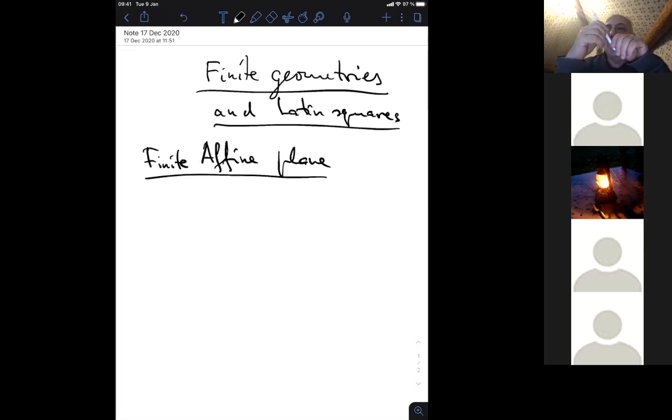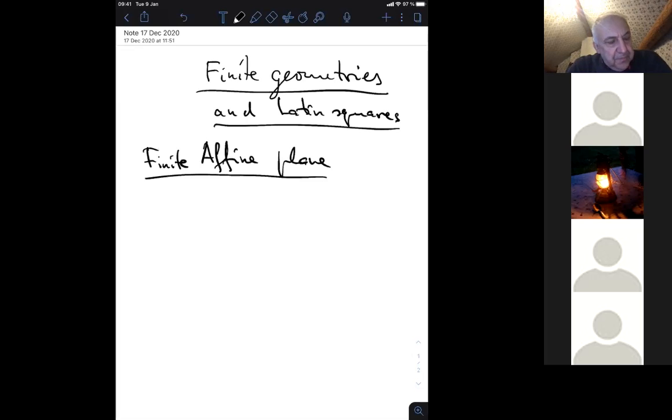So you have a line and a point not on the line. There exists a unique line parallel to a given one, and parallel means not intersecting. So we say that two distinct lines are parallel if they do not intersect each other. That's of course obvious in the Euclidean geometry.